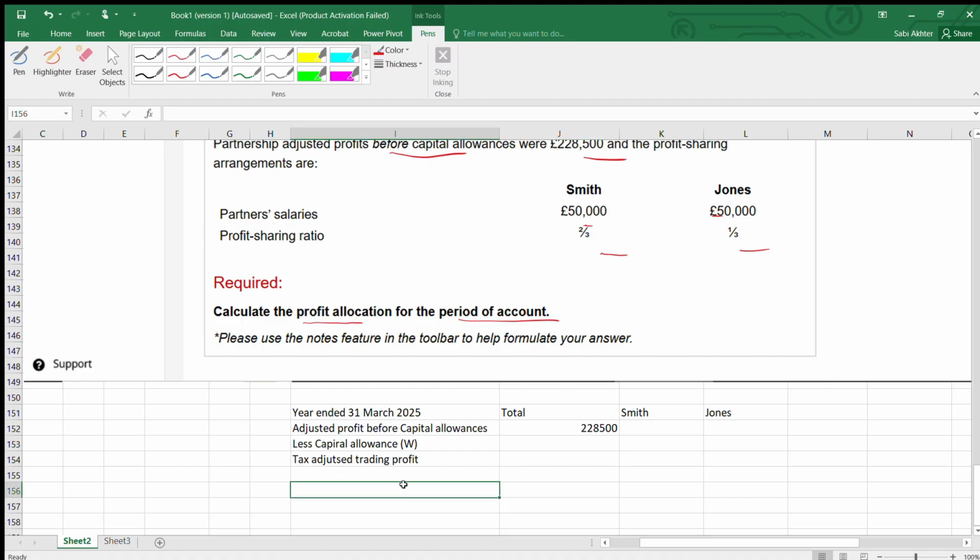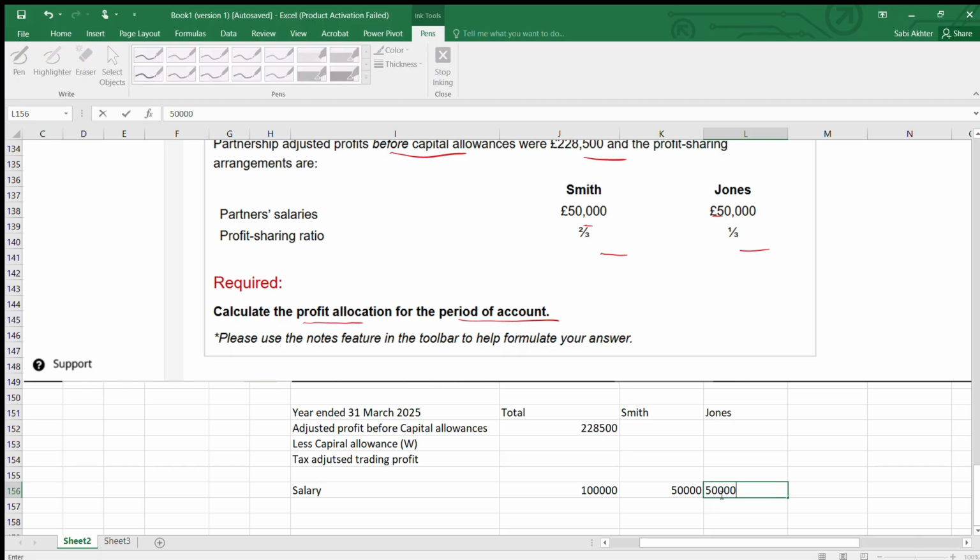Then comes the salary. So if you see salary, it's 50-50. So salary is 100,000, 50,000 for both. Because it's 50,000 for both, that's how you get 100.